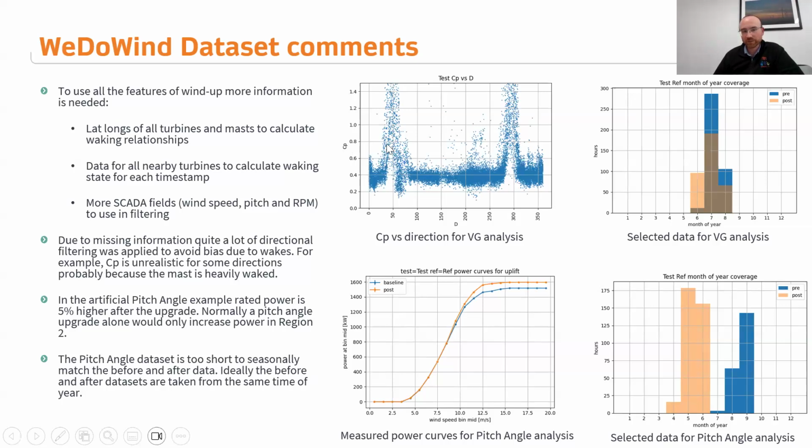So how I handled that is I just got rid of data where the CP versus direction relationship looked different. For example, in the VG analysis one, I think most of the data was filtered out apart from the south and southwesterly data.